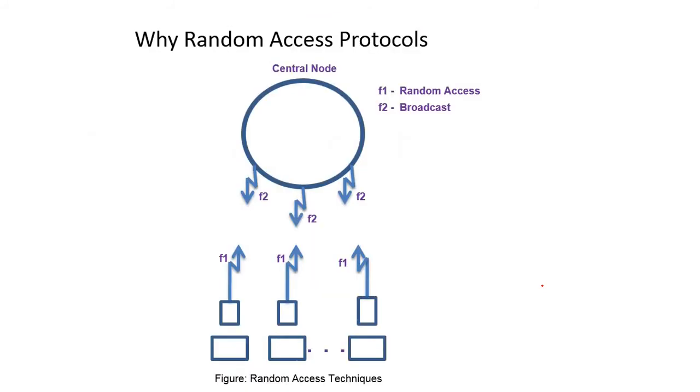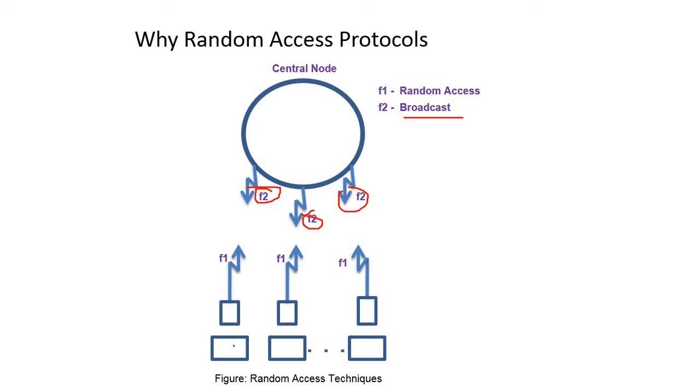So why are random access protocols there? Because we have discussed that there is a distributed approach and a centralized approach. In the centralized approach, a central node handles the entire communication, like satellite communication. This central node is broadcasting with the frequency F2.